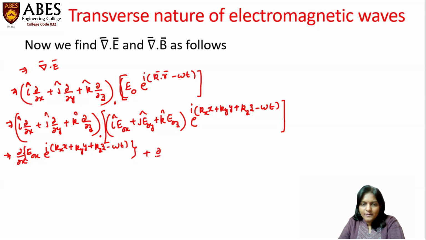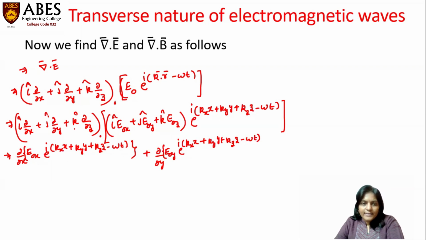plus del over del y means j dot j del over del y, E0y e raised to the power i(kxx plus kyy plus kzz minus omega t).